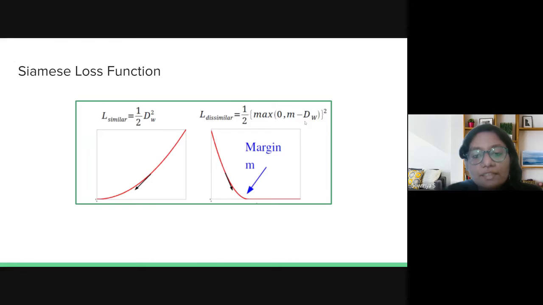So usually we take the margin as 1 or something. So we want to say that it's either going to be 0 or 1 minus that distance. So here we are going to maximize, and here we are going to minimize. You'll remember that loss we always try to minimize. So we put a negative of that so that this distance becomes maximized.